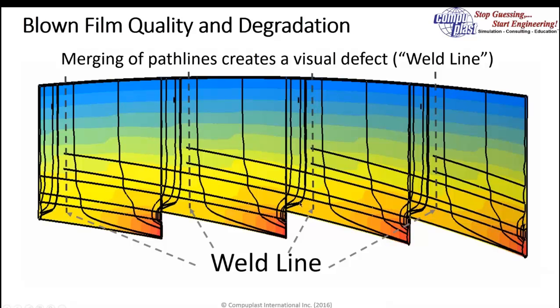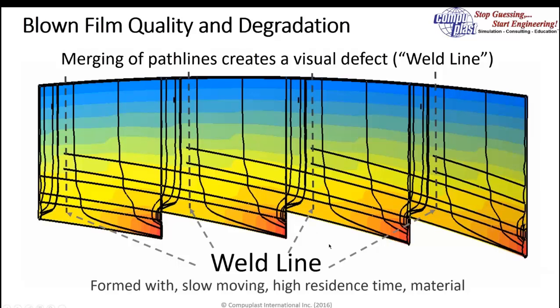And so the material flowing from this direction with the material flowing from this direction forms a weld line of the 2 flow fronts, and this weld line is formed with polymer in this very low stress region that has a very long residence time and more prone to degradation. And so whenever we have these weld lines formed with slow-moving, high residence time material, we can expect that area of that film will perform differently.